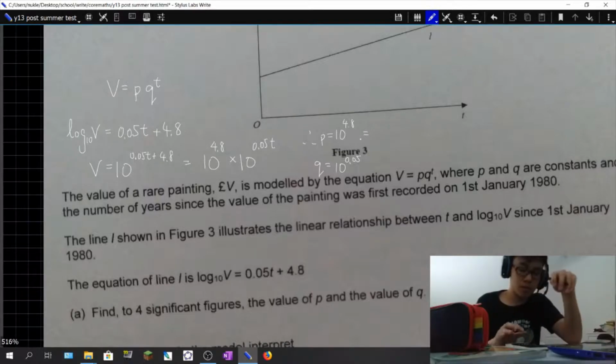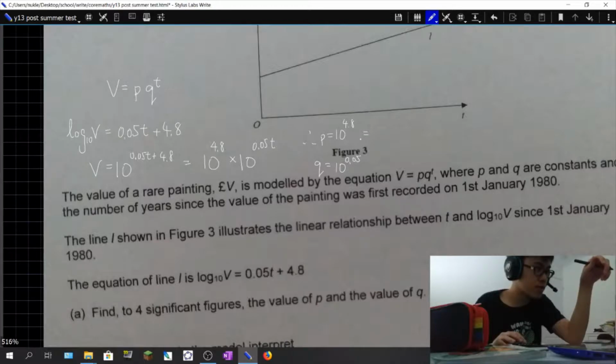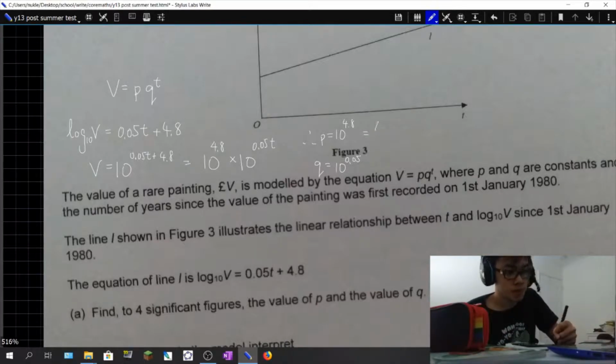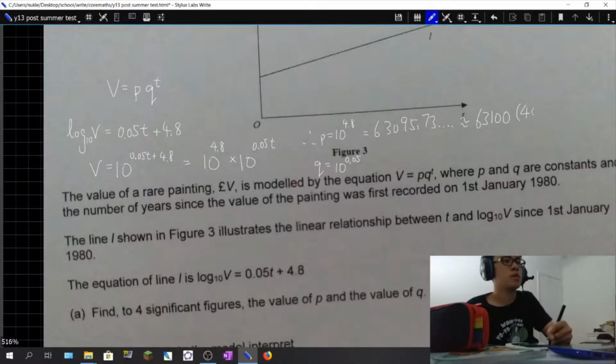We want 4 significant figures. So 10 to the 4.8 is 63095.73 and so on. If we round it to 4 sig figs, that's going to be 63100. 4 sig figs.